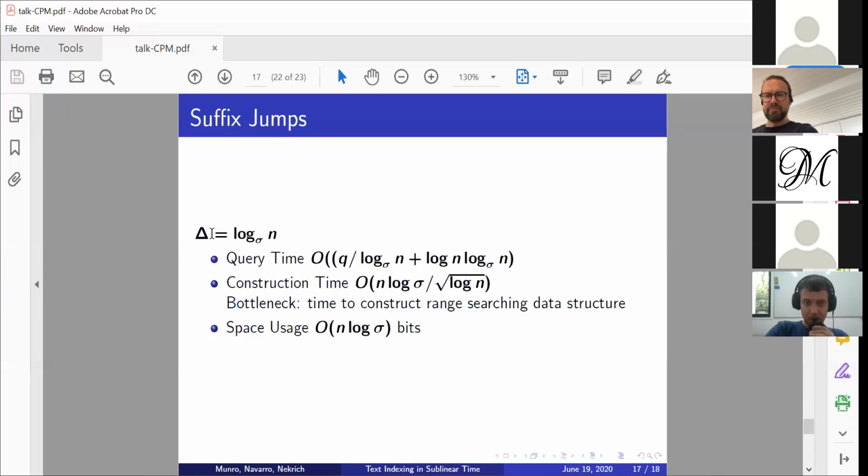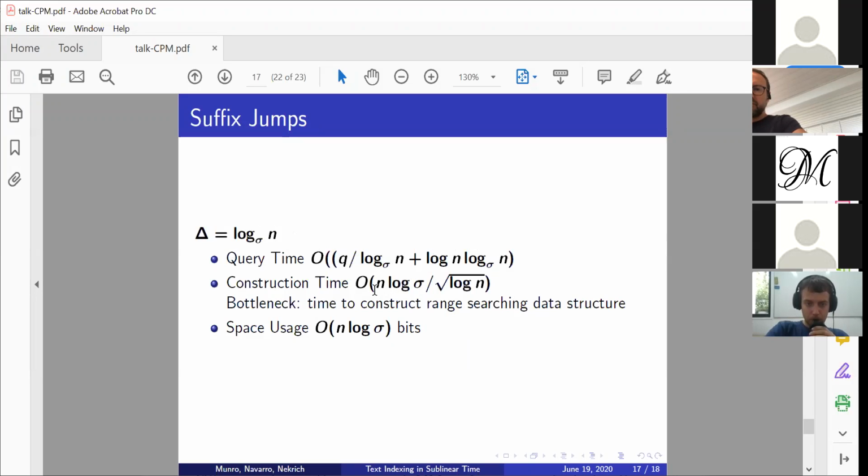So to get the result that I announced on the first slide of this talk, we'll need to set delta to be log base sigma of n. So the query time will then become q divided by log base sigma n, or the length of the pattern in words, plus log n times log base sigma n.